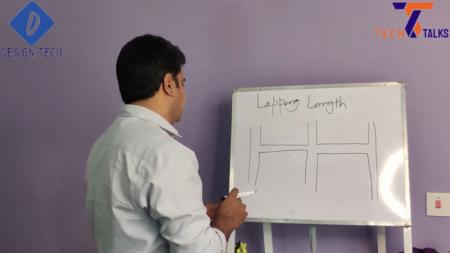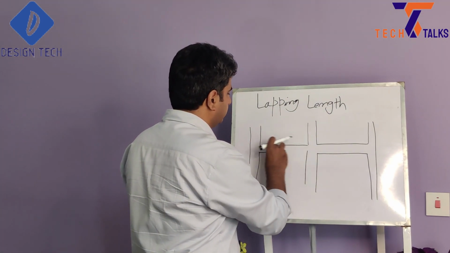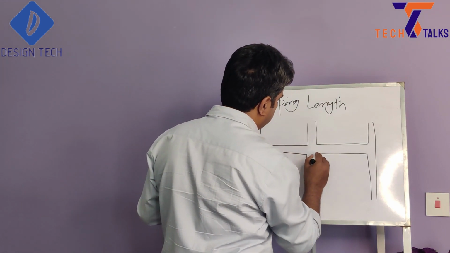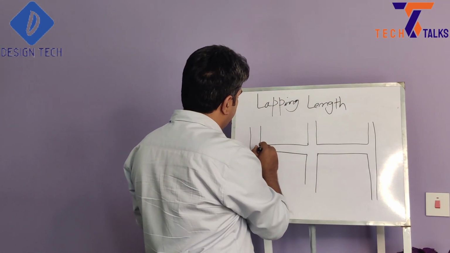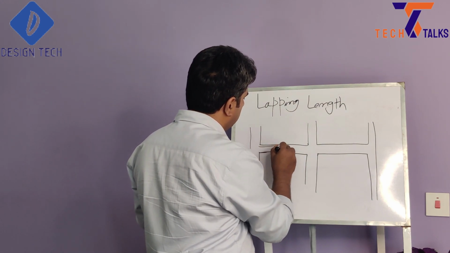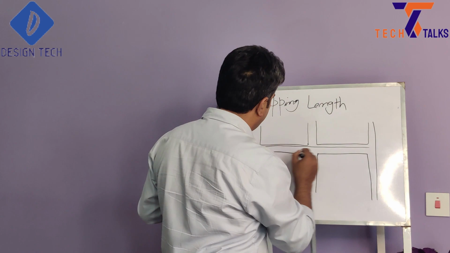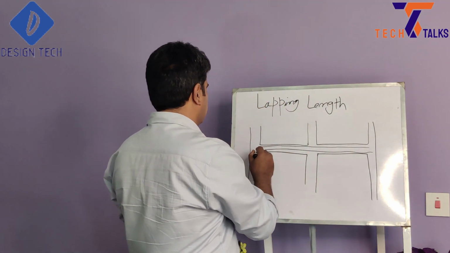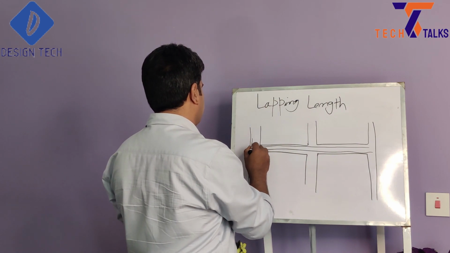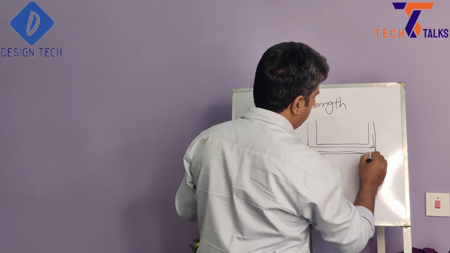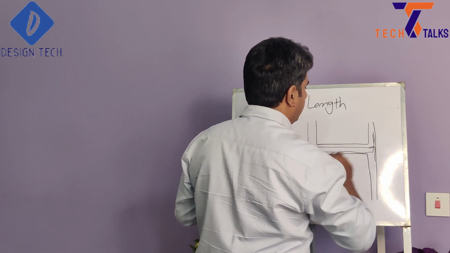This is our continuous beam. And our reinforcement is something like this. This is going up, and like we provided in the last block, these are the development length.